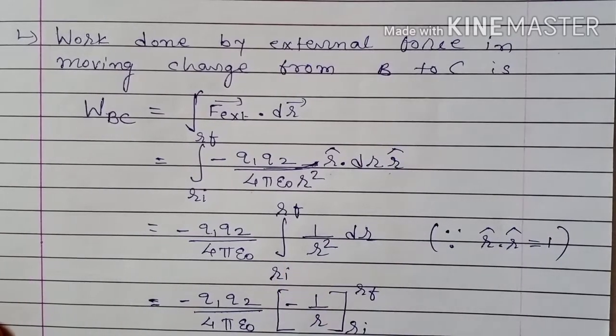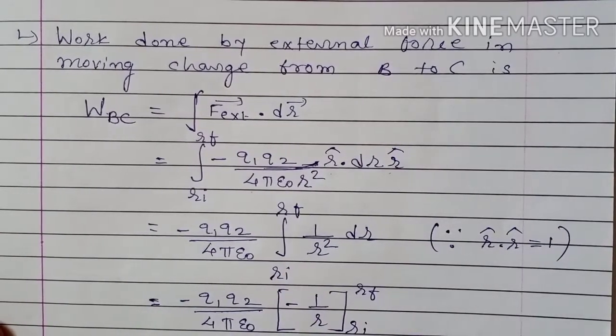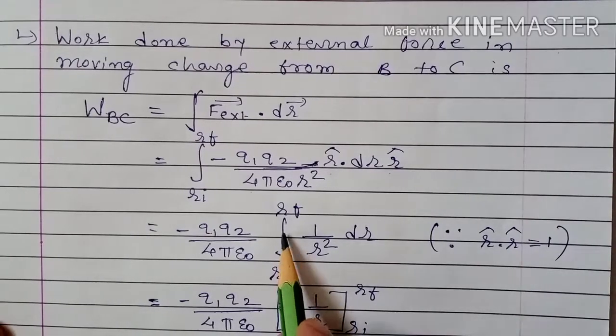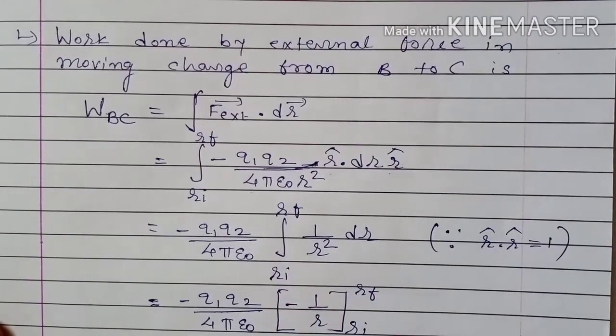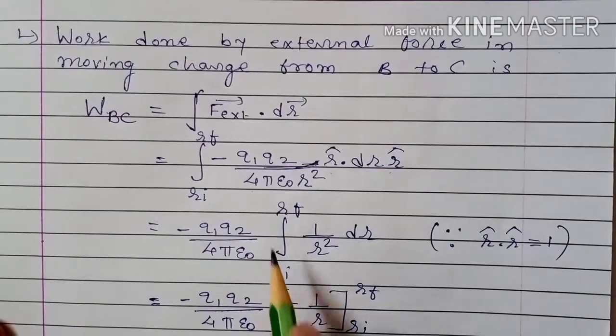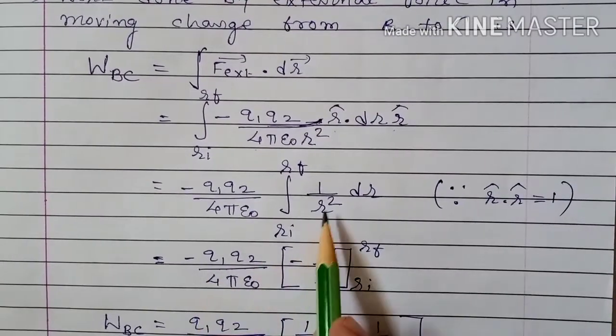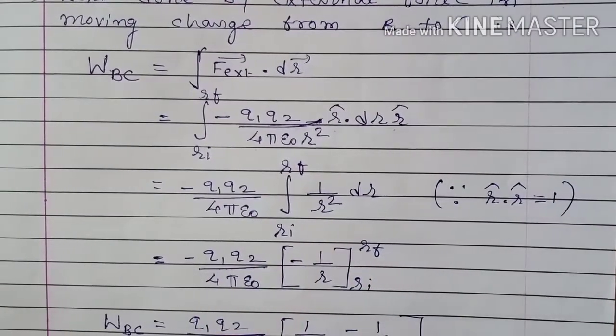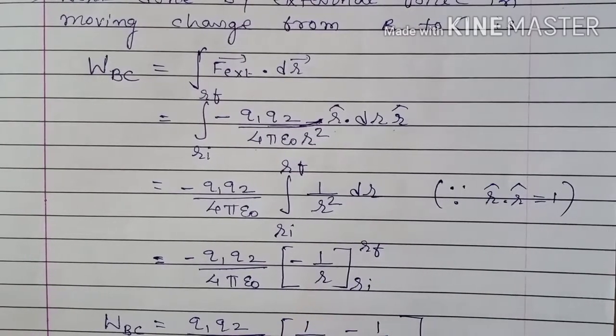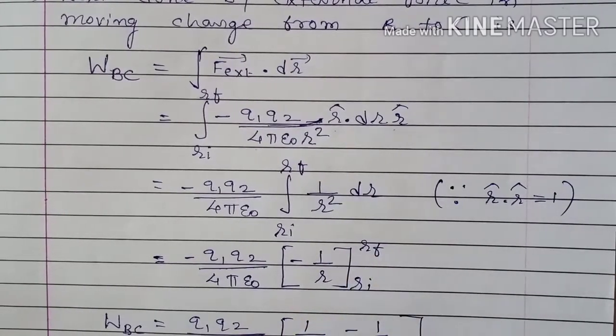Now we have to select the limit. According to figure, B is at a distance Ri and C is at distance Rf from Q1. Therefore, limit will be from Ri to Rf. Integration of 1 upon R square, that is minus 1 by R, limit that is from Ri to Rf.